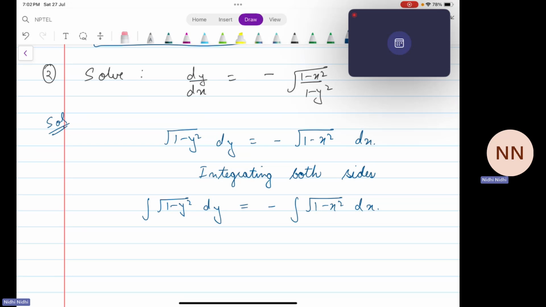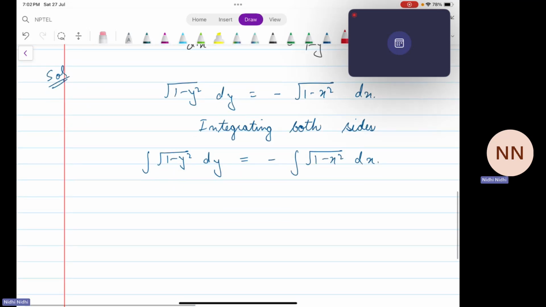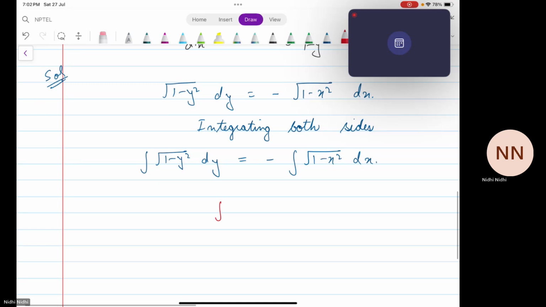So you all must have studied in your school time that this integral under root 1 minus x square dx is given by x by 2 under root 1 minus x square plus 1 by 2 sin inverse x by a.